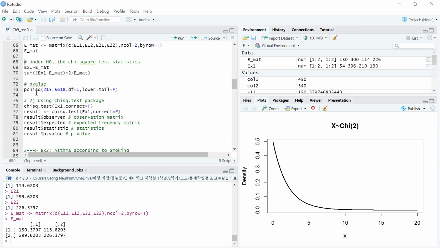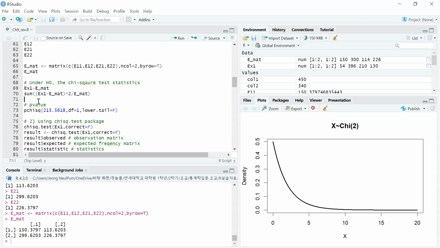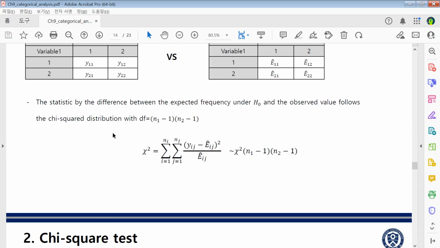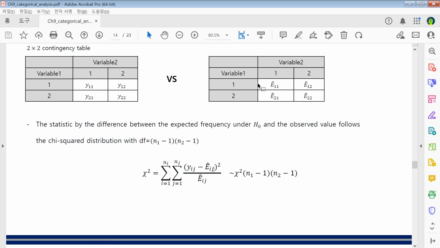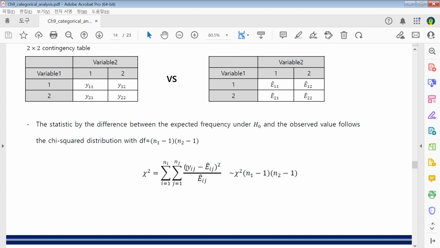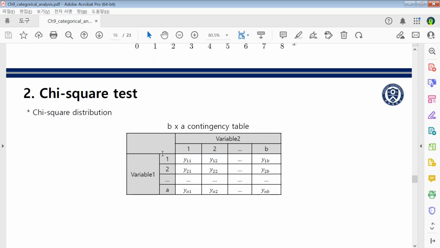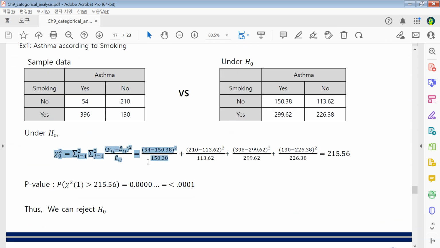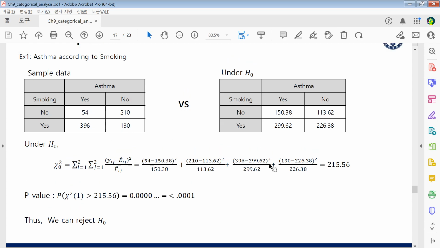And the next part is nothing but calculating the statistic here. After we get the difference between the two contingency tables pointwise, we scale it by dividing by each value in the expected contingency table that we calculated. You can also refer to this formula.